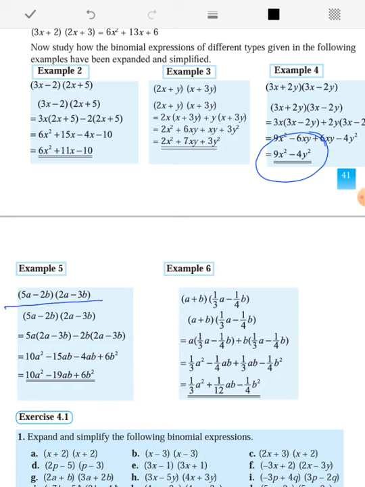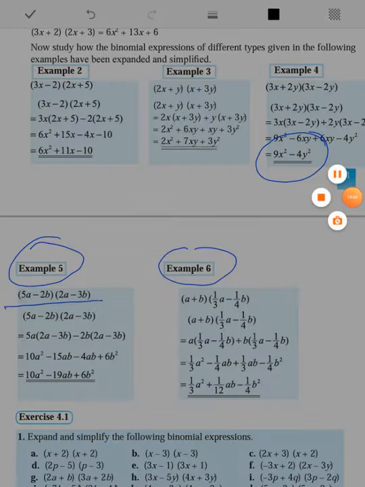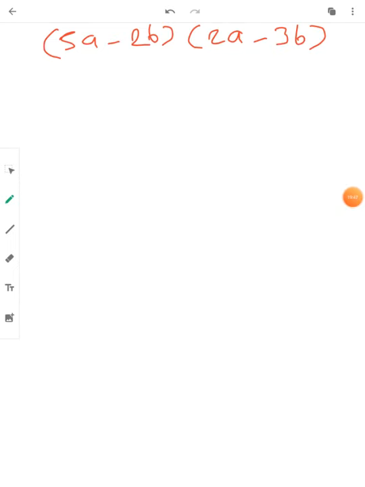But look at this. Okay, let's do these two. Let's try example 5 first. Okay, let's do this question. So write this thing twice. It's 3b, not 36.